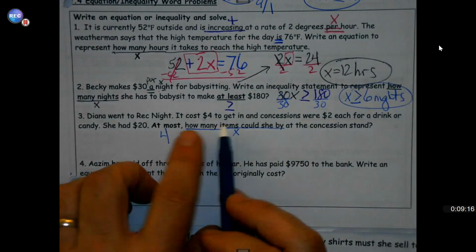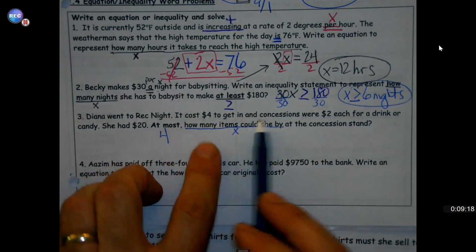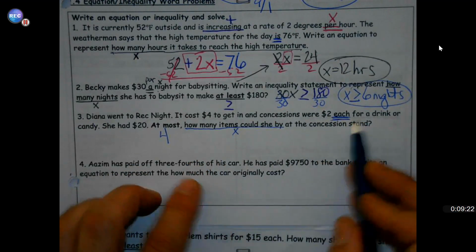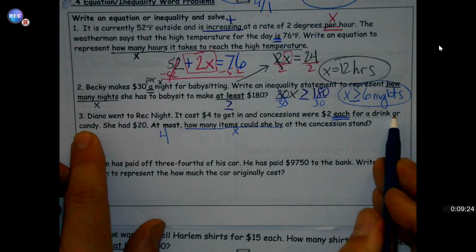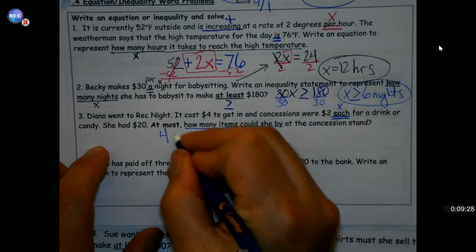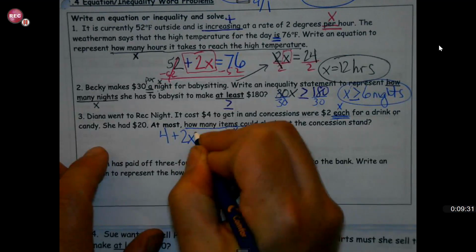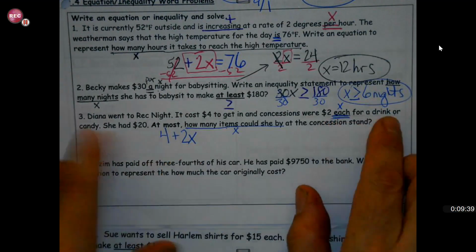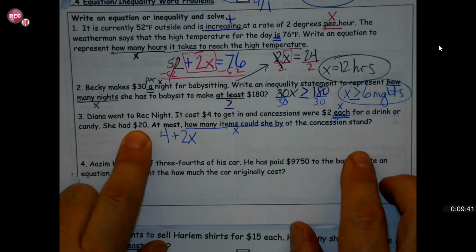So let's keep reading. It cost $4 to get in and concessions were $2 each for a drink or candy. Those would be items. $2 each. So that's the part that needs to get X. Some number is going to get X in every problem. She had 20.